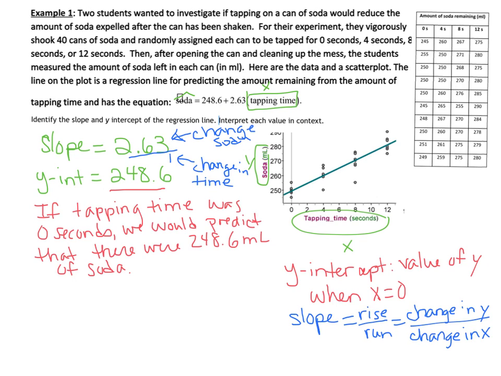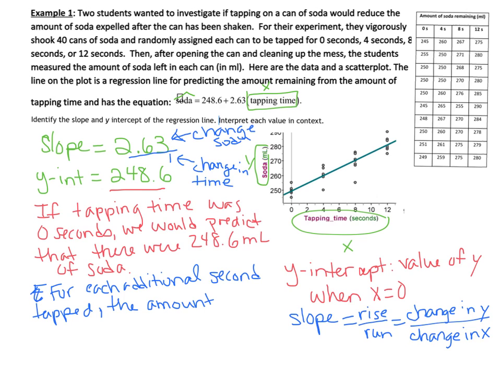And because it's positive, we're talking about an increase. So the way that you're going to word this is you're going to say something like, for each additional second that the can is tapped, the amount of soda increases, and remember we use the word increases because it's a positive slope, by 2.63 milliliters.